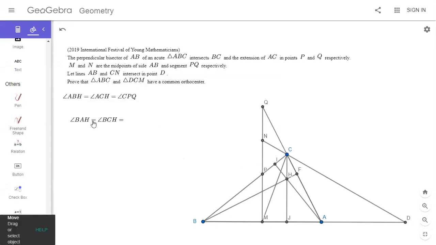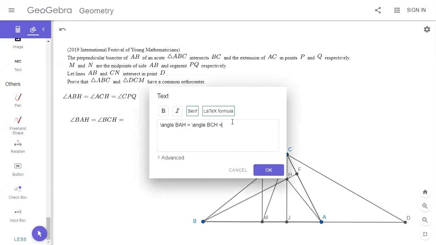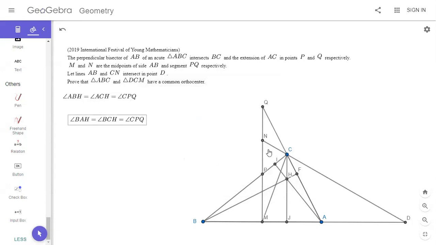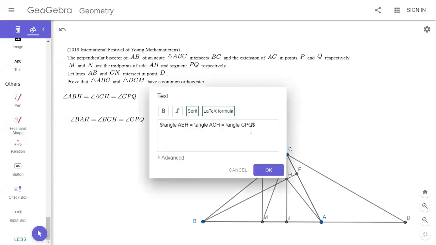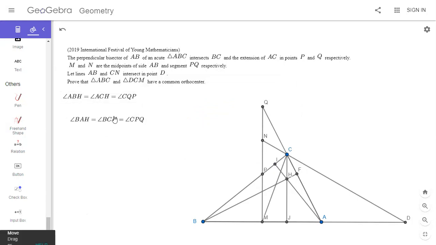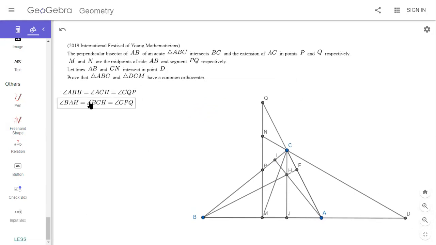Wait, this is CPQ, and I think this should be angle CQP, because ACH, yeah. And then that means those are similar. So triangle BHA is similar to triangle QCP.